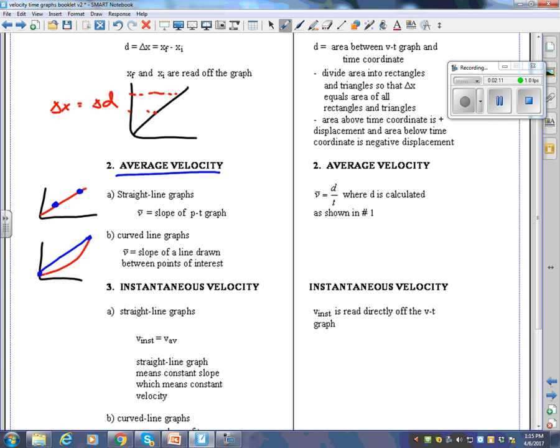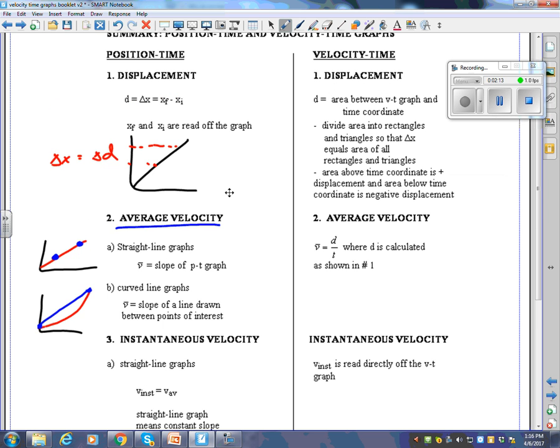You're reading the data points. You're just reading them off the graph and subtracting them. Like if this is 5 and this is 12, then your delta D is 7.